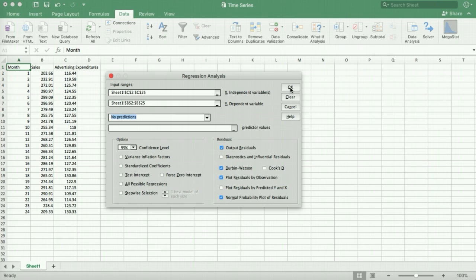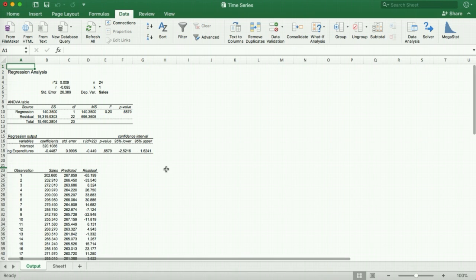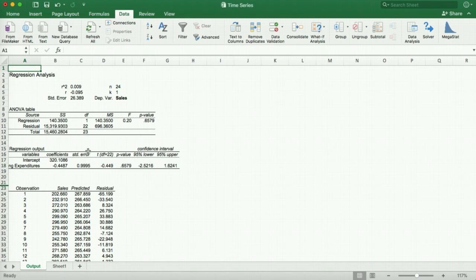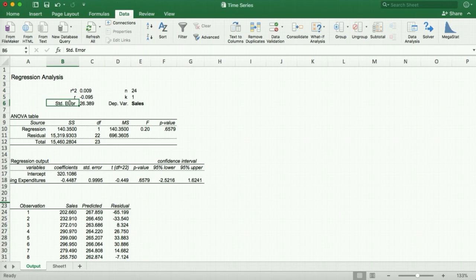Now, if you click OK, the plugin will show you another worksheet with the following values. Here it shows me the regression results. Here I have the r squared, the r, the standard error. It shows me the number of observations, 24, and the number of independent variables, which is 1.